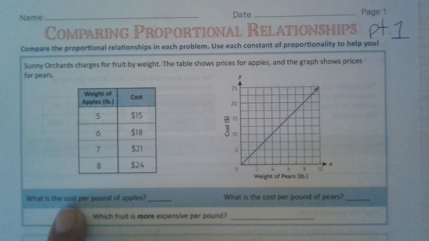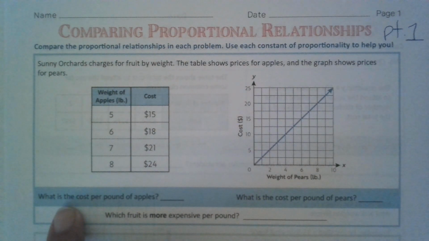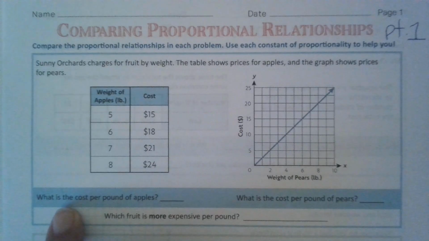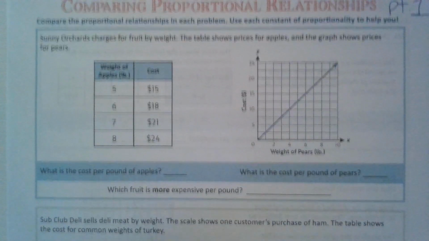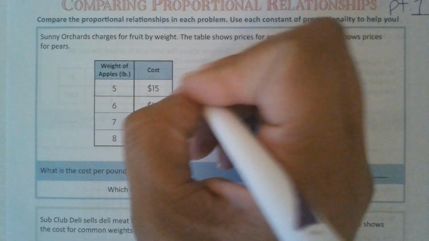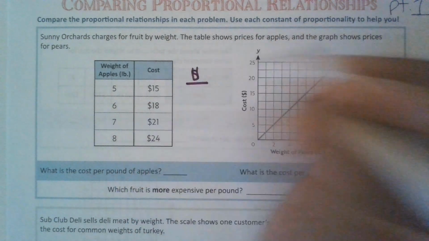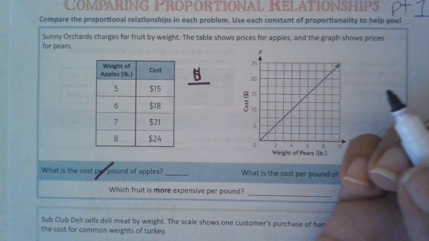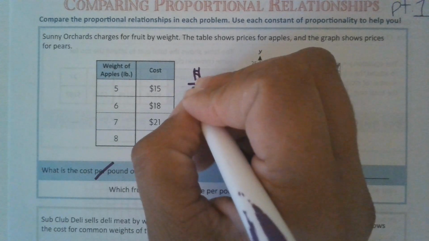So we need to know, first off, what is the cost per pound of apples? Meaning, if we write this out, cost per, again, means we're dividing, pound.